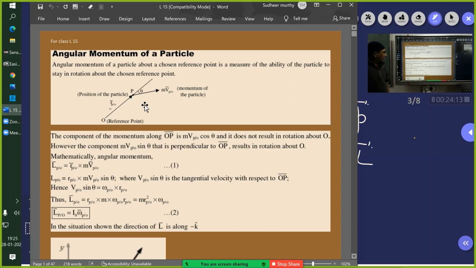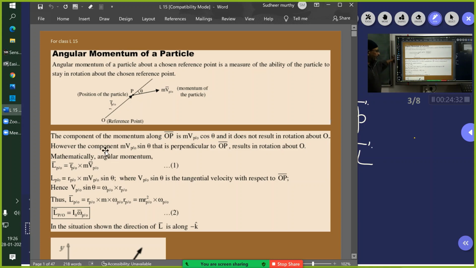And you can see that the M V bar here is making an angle theta with the reference line, as you can see here. So this is another way to look at it.